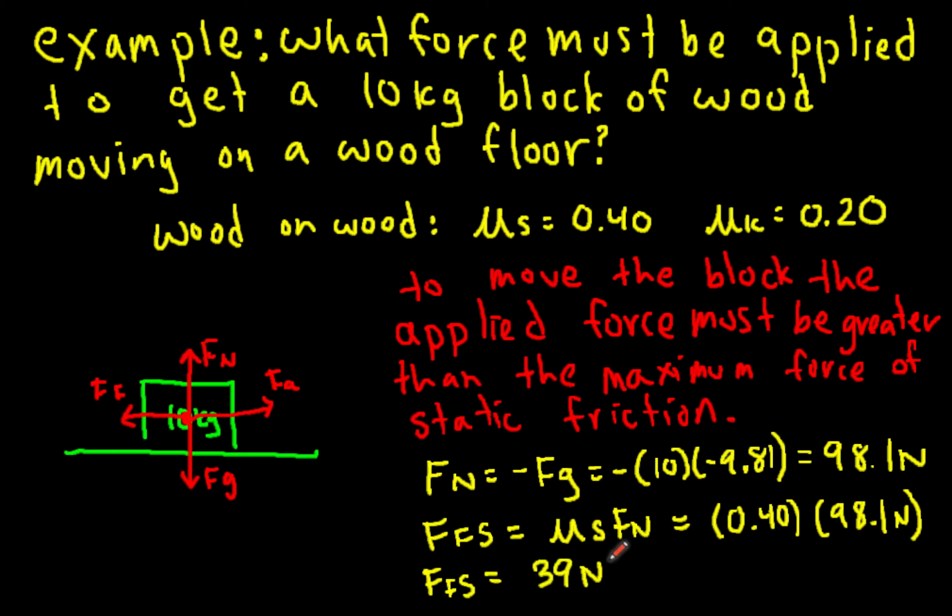So if the applied force can be 39 newtons or greater, the object will be moving. This is the force that must be overcome by the applied force to get the object moving.